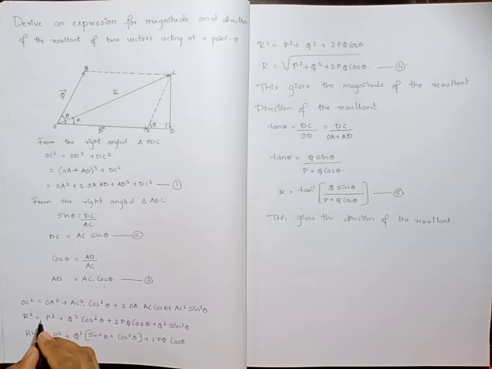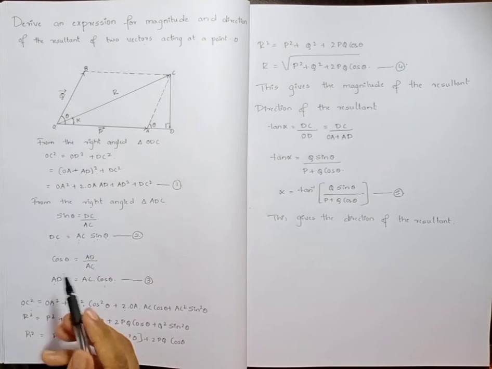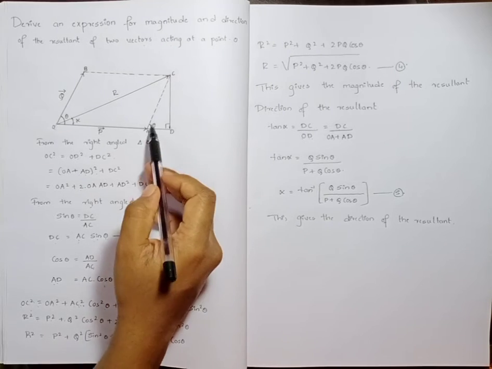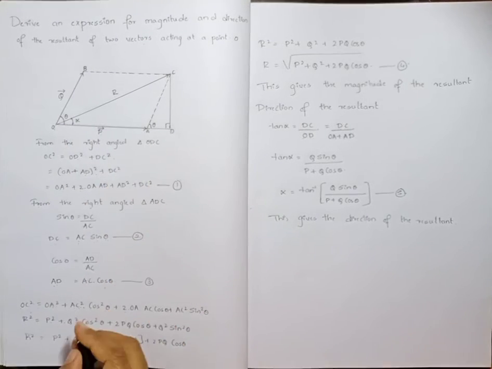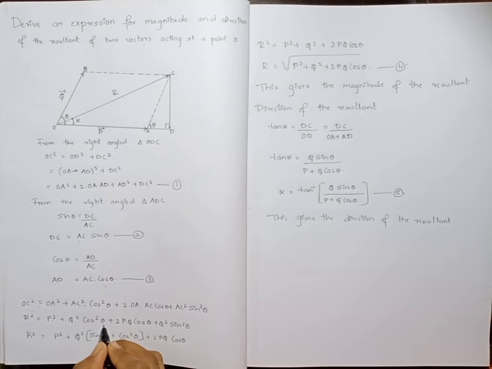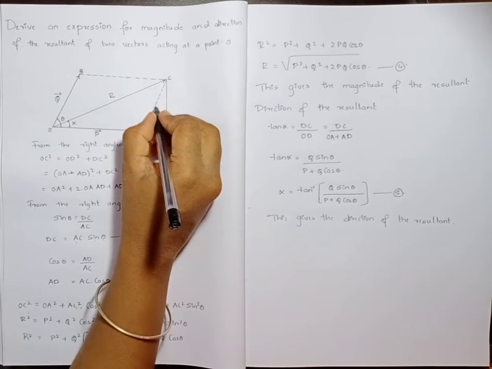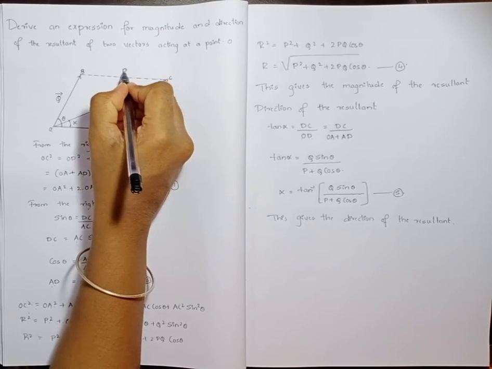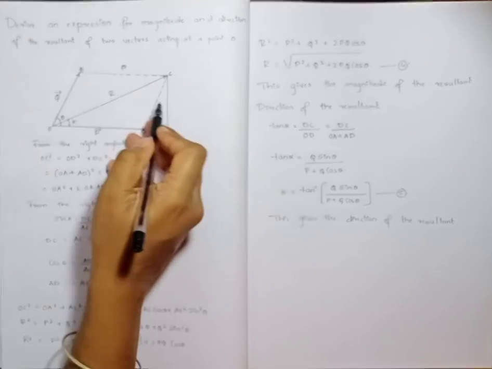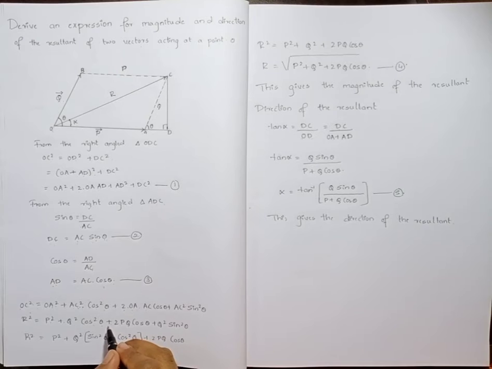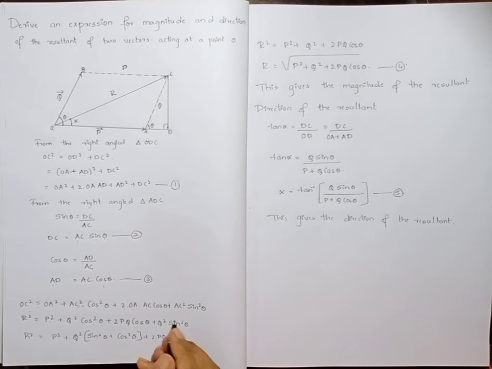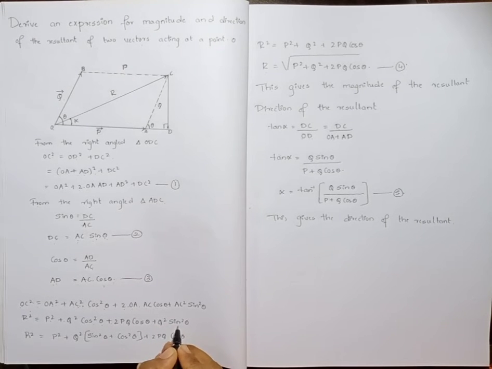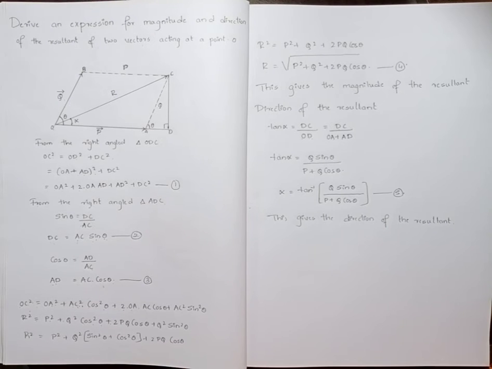R square, which is equal to OA square is P square plus AC square is Q square cos square theta. This is also Q, don't get confused. And this is P. So these are equal in the parallelogram. Okay. Plus 2PQ cos theta plus Q square sin square theta.